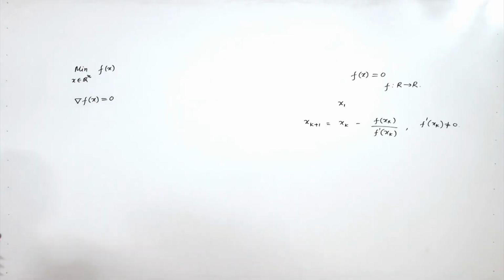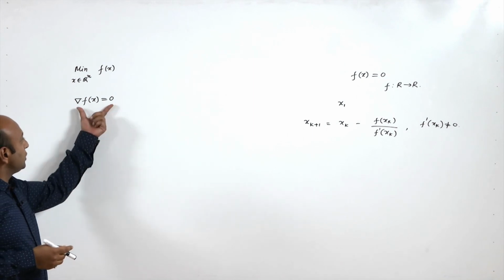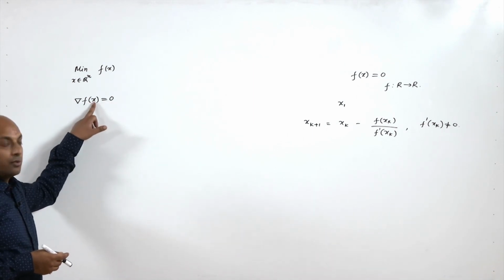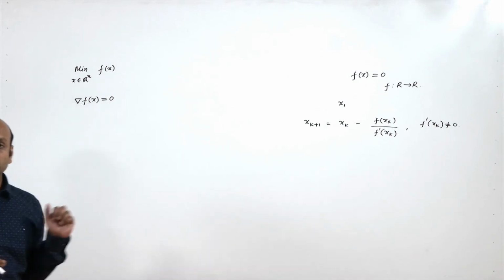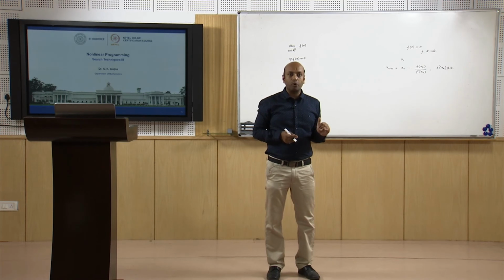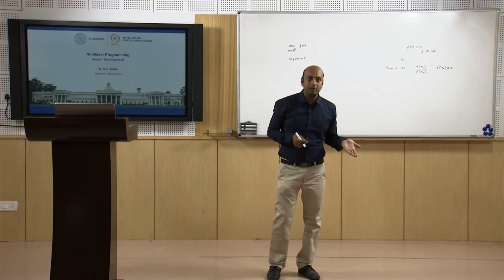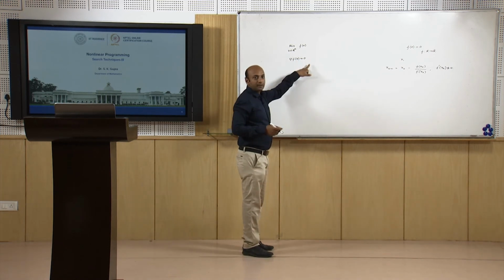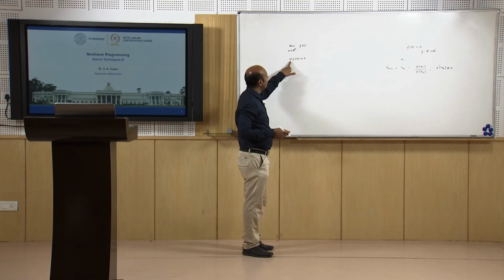We are interested to find those x where the gradient of f equals 0, because all those x where the gradient of f equals 0 give a stationary point where f will attain maxima or minima. That means basically we have to solve this equation. Now, this is a gradient, not a derivative.